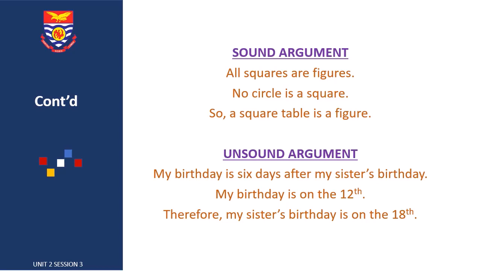My sister's birthday being on the 18th will make an invalid argument. And of course, you should note that invalid arguments don't test for soundness, so they are automatically considered unsound arguments.